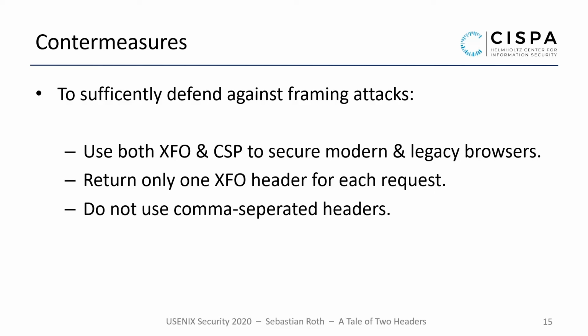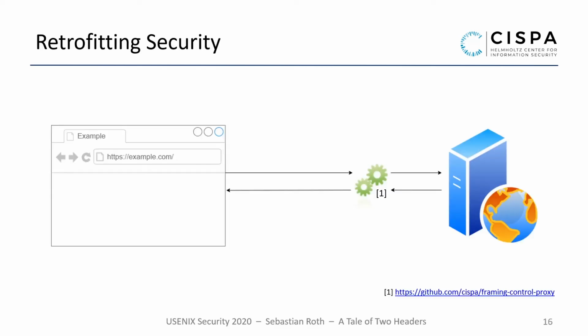Another thing that we have done to ease the deployment of a sane framing control for website operators is we created a server-side proxy. This proxy acts as man in the middle between the client and the server. It first inspects the incoming request to map the request to the response and to collect information such as the referrer header.